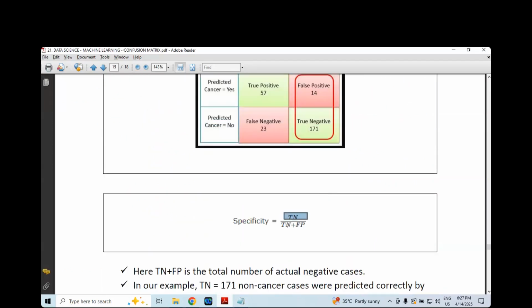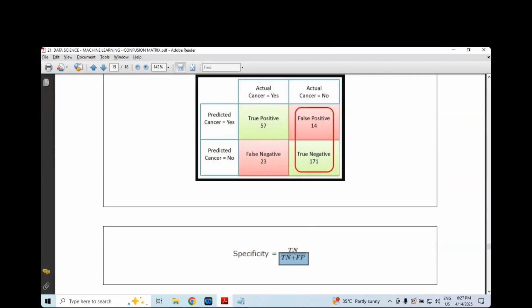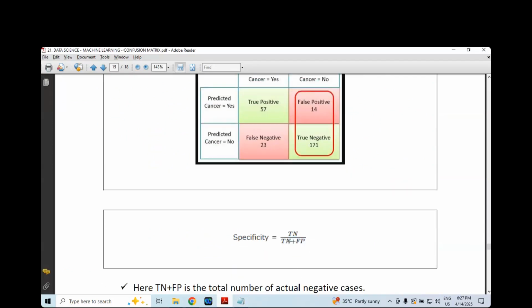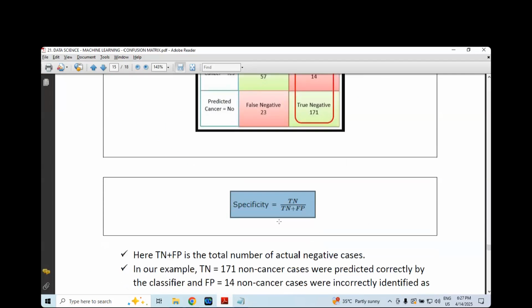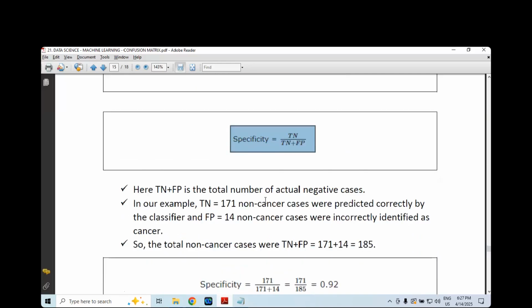TN divided by TN plus FP. What is TN? True negative. The next one will be true negative plus FP. Do you need to remember it? No doubt, it is really helpful to remember. But we have predefined functions, and if you call them, these values will be obtained automatically.